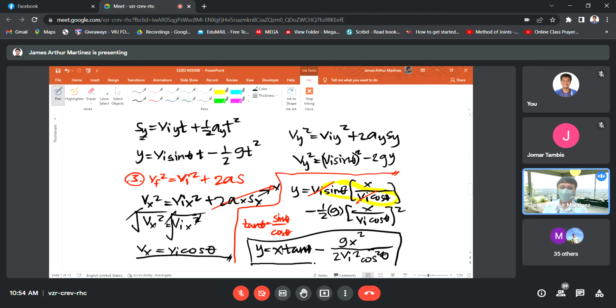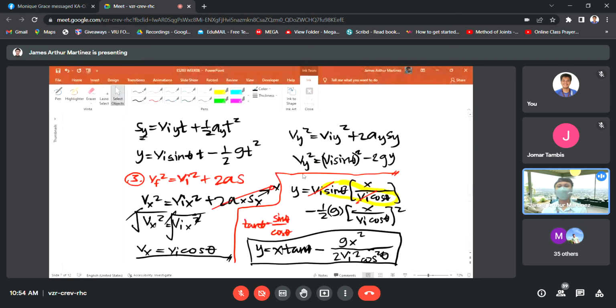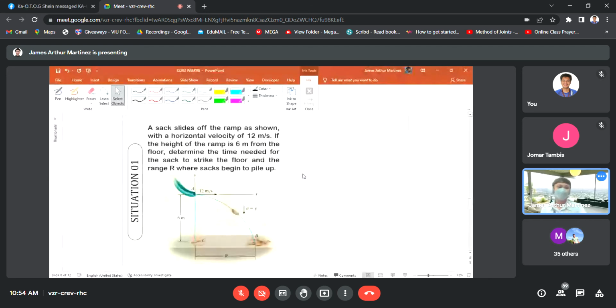This is the relationship of your vertical distance and horizontal distance, or displacement. Okay? So, to better illustrate and understand further the concept of projectile motion, let us solve sample problems.